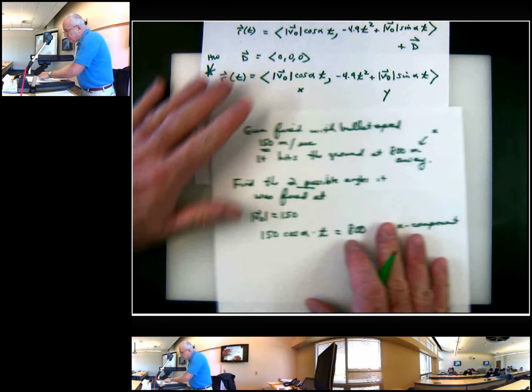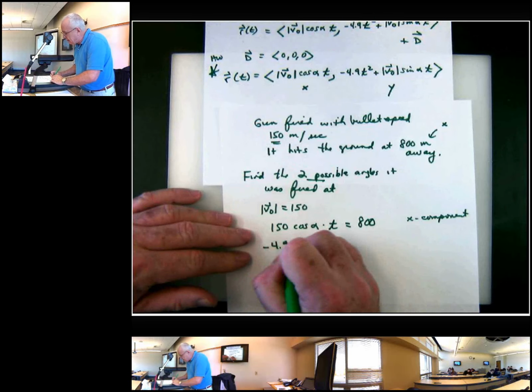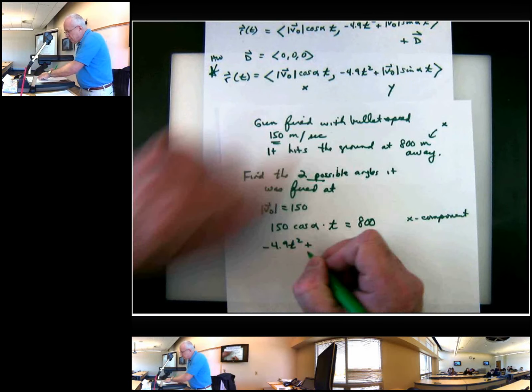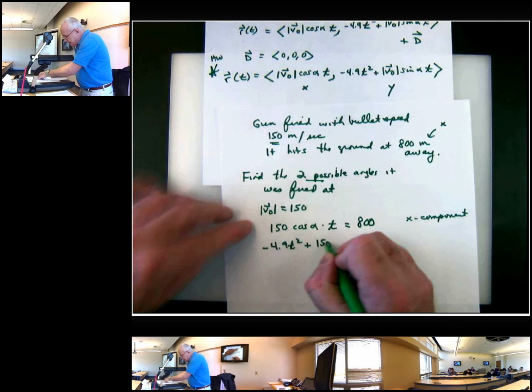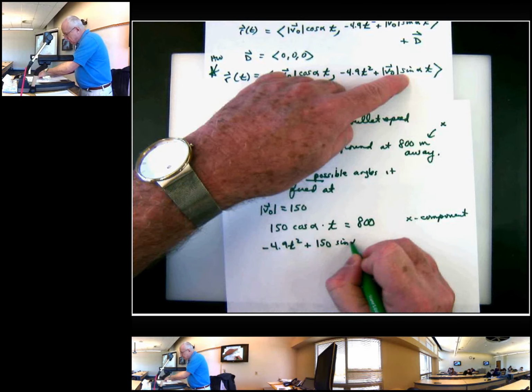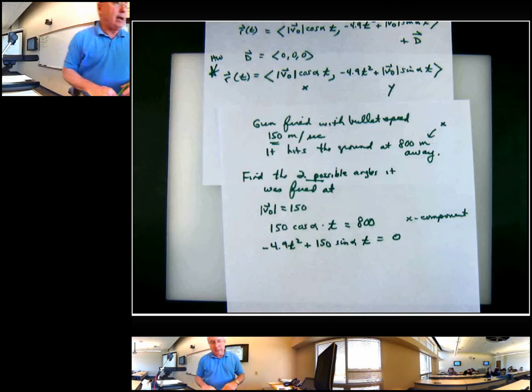So let's use our second component. We have minus 4.9t squared plus, now our speed we're given is 150, sine of the unknown angle times t, and that is going to be equal to 0 when it hits the ground.